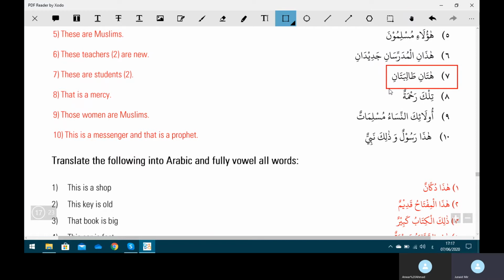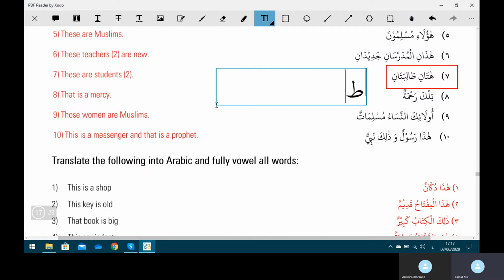Number 7, hatani talibatani. Now hatani is the feminine of hadani. So hatani refers also to two that are near you, but they are females. And it means these also. And talibatani is the dual of talibatun.